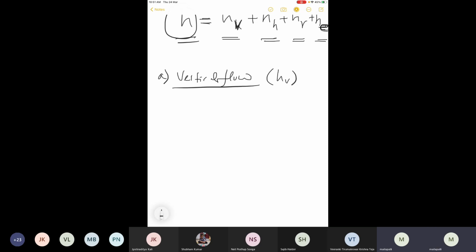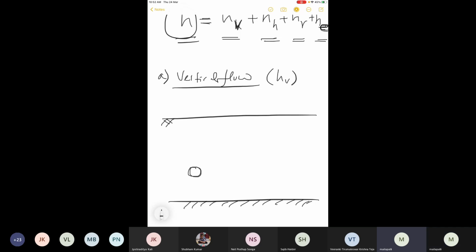For the vertical head loss, this is the saturated media, so we'll be using Darcy's equation in order to find out HV. This is the land surface, and this is the impervious layer. Let's assume that there is a drain sitting here, and this is the drain base. I am taking halfway of the drain base.